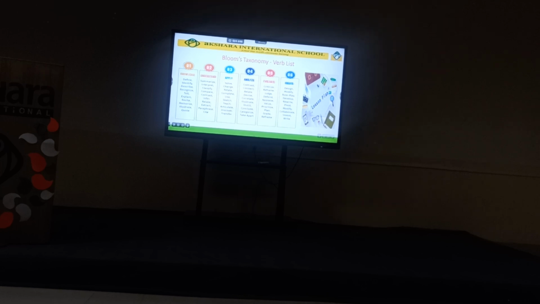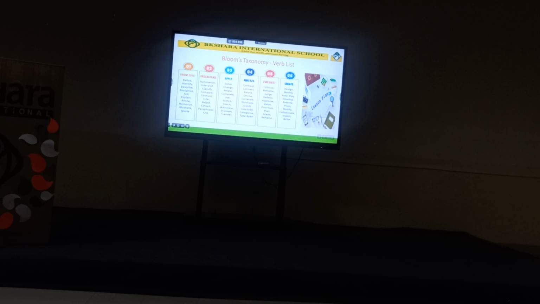It becomes very easy. When you make your blueprint, earlier in the blueprint you used to write comprehension question, knowledge question, application level. Remember? But instead of that, now this is explained. So then you will write 4 marks given for analysis, 2 marks given for knowledge-based questions. This is the previous one, that's why they are saying knowledge, which you should be remembering. And you write 3 marks for creativity, like that, for example.